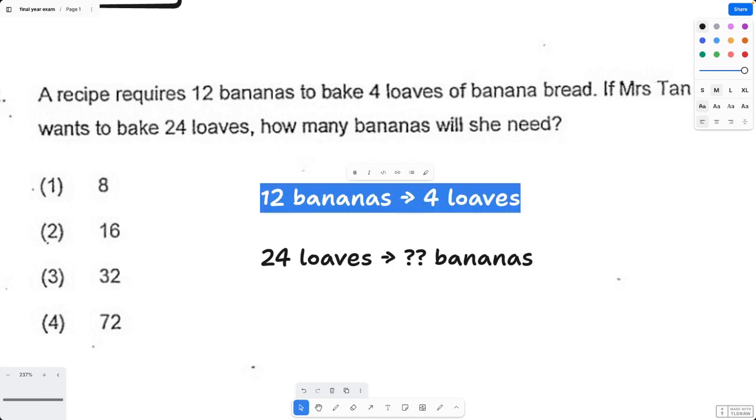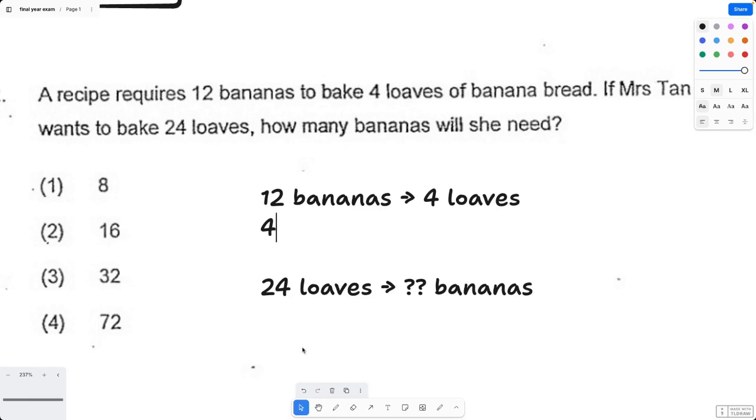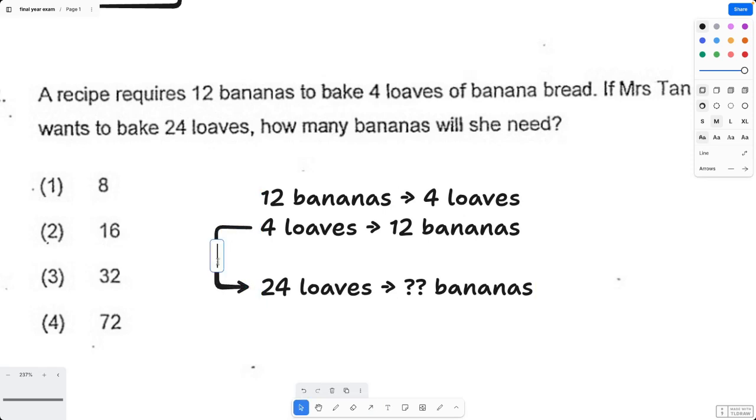If this looks confusing, you can reverse it. So 4 loaves equal to 12 bananas. From 4 to 24, how many do we need to multiply? We need to multiply by 6, because 24 divided by 4 is 6.